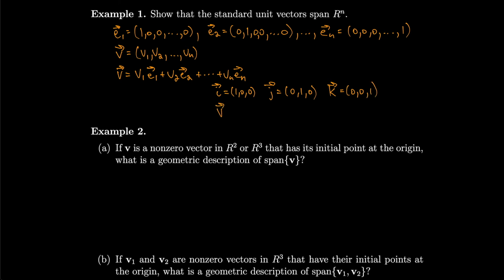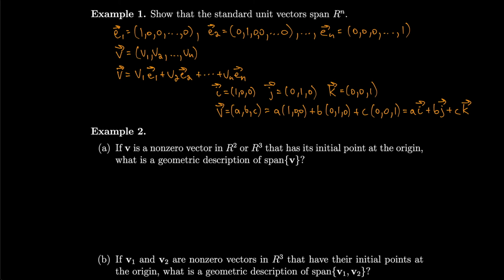If we had v equal to, say, a, b, c, then that was the same as a times 1, 0, 0, plus b times 0, 1, 0, plus c times 0, 0, 1, and that was just ai plus bj plus ck.